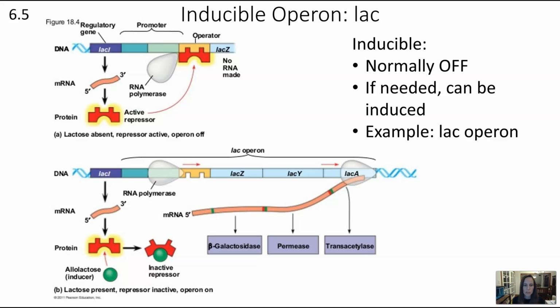If a form of lactose is present, represented by that green circle at the bottom, it binds to the repressor, so the repressor no longer blocks the transcription. It's like we've taken the brakes off, and now the RNA polymerase can access those genes, and the transcription process happens. So if it's needed, it can be turned on, and it's needed if lactose is present.